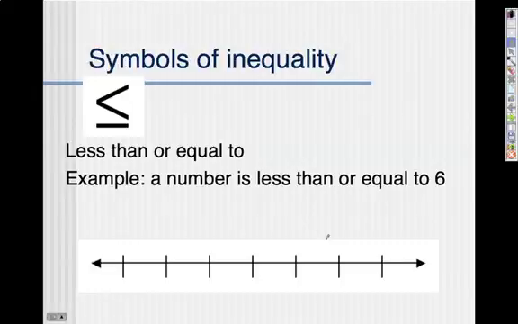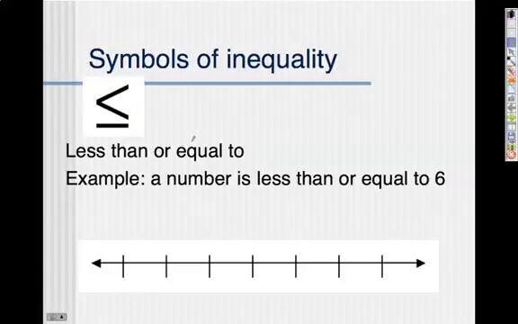Less than or equal to. That looks just like the less than symbol. It looks like a little L, except it has this little half of an equal, that bar underneath, and that's because it has something to do with equality.